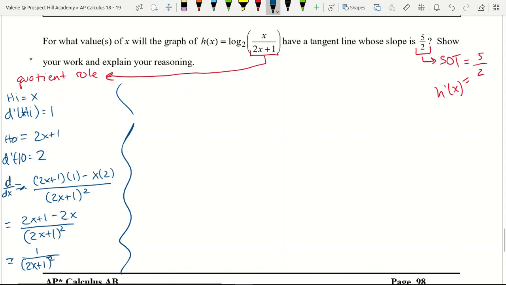Okay, so now the derivative of h of x is equal to the derivative of that inner function, which we know is 1 over 2x plus 1 squared, all over the inner function, which is x over 2x plus 1, times the ln of the base, which is 2.